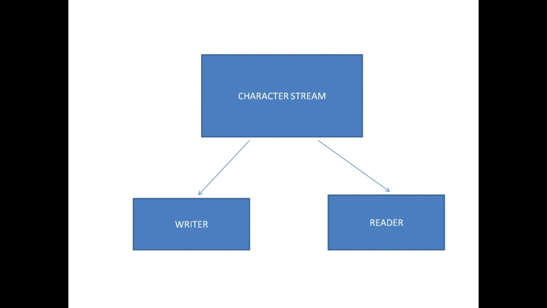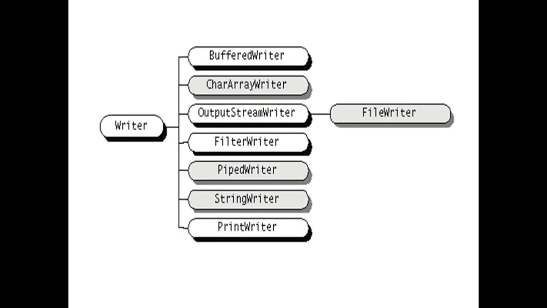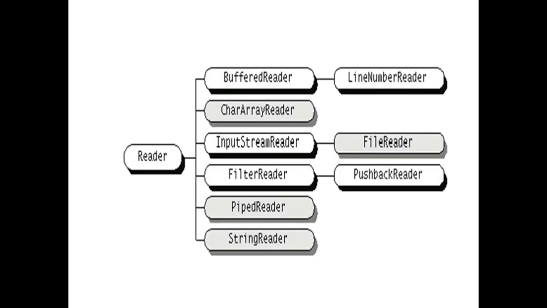So I think this one is getting too long. So I'll just show you how many different subclasses we have. Now reader class and writer class are again the abstract superclasses, and we have subclasses called the buffered reader, character array reader, input stream reader, filter reader, pipe reader, and string reader.